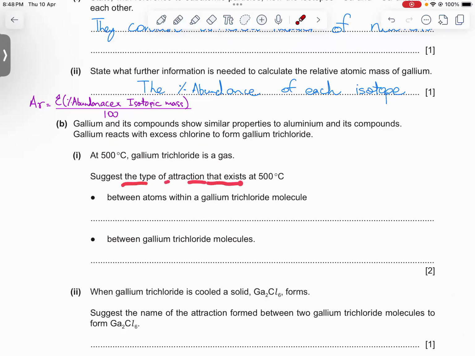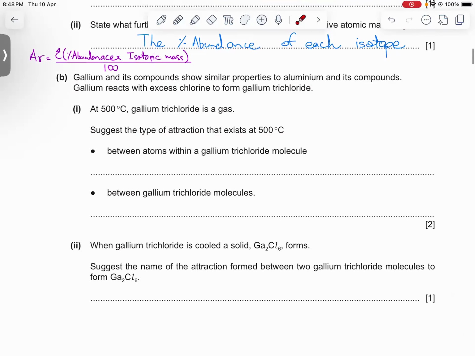Suggest the type of attraction that exists between atoms within a gallium trichloride molecule at 500 degrees Celsius. Since it is behaving like aluminum, we know that aluminum and chlorine don't really have an ionic bond. They have a covalent bond, right?